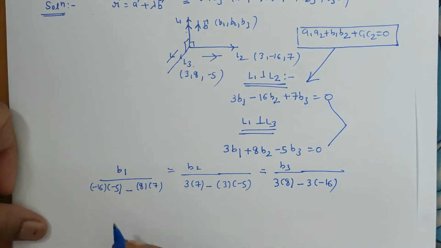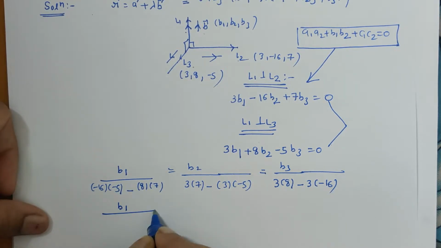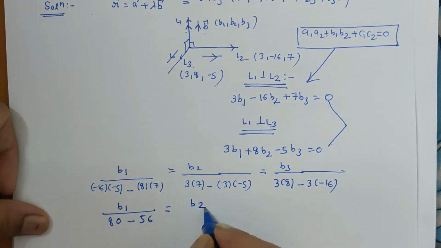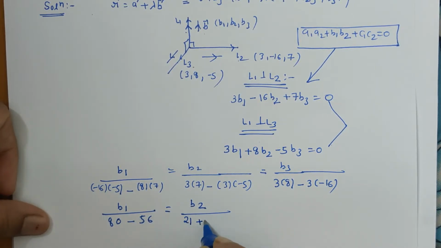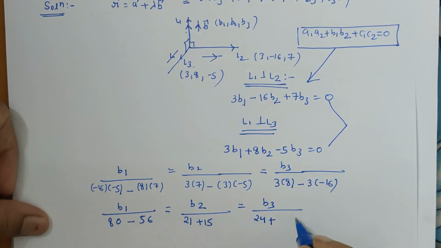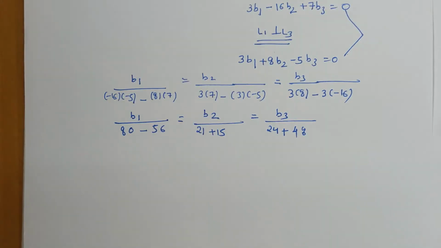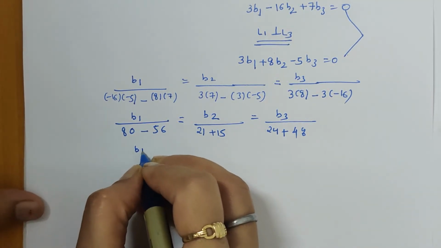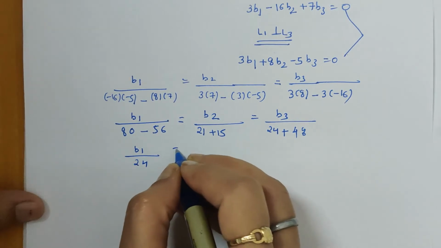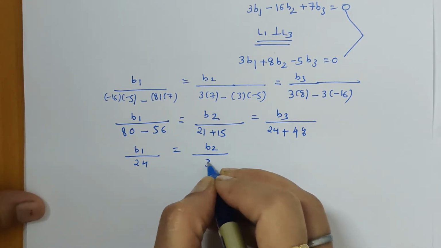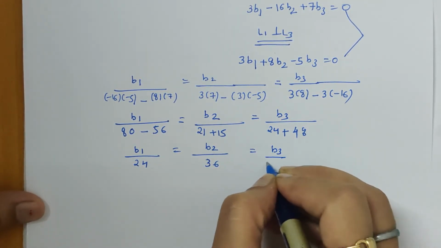Now let's simplify. b1 upon 80 minus 56, which is 24, equals b2 upon 21 plus 15, which is 36, equals b3 upon 24 plus 48, which is 72.